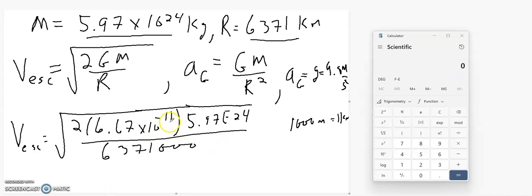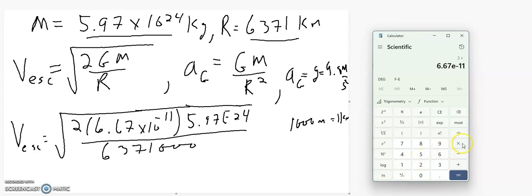I've got my calculator up here. I'm going to put in these numbers and then take the square root. It's 2 times big G, which is 6.67 times 10 to the minus 11th. You have to use this minus sign for this type of calculator.